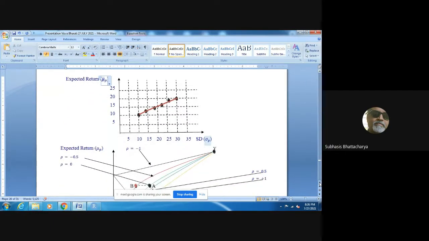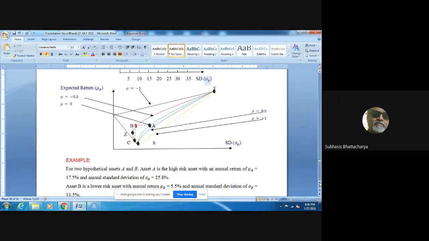Depending on the different values, what Markowitz told us is, if rho is 1, we find a linear relationship: the combinations of the two assets will be linear if rho is equal to 1. If rho is equal to -1, again it is linear, but it moves towards the left, as in the earlier figure.